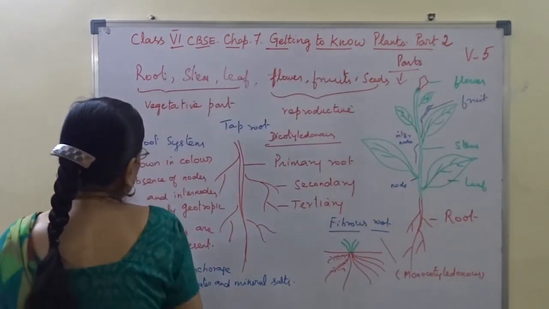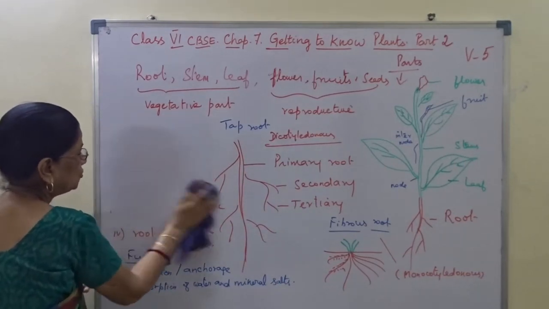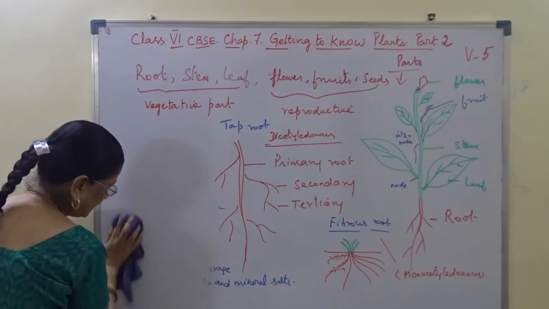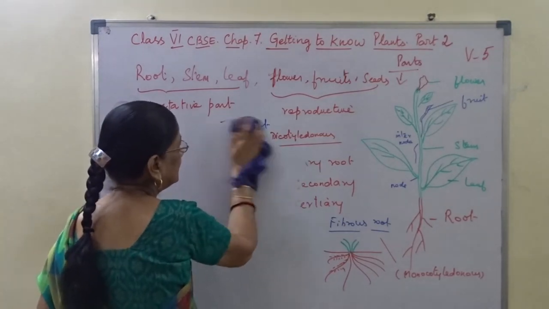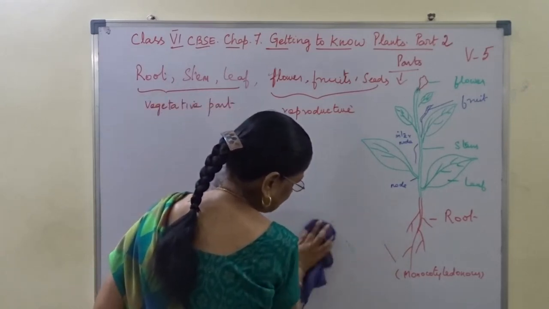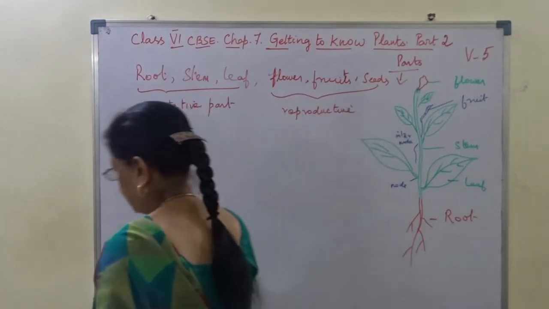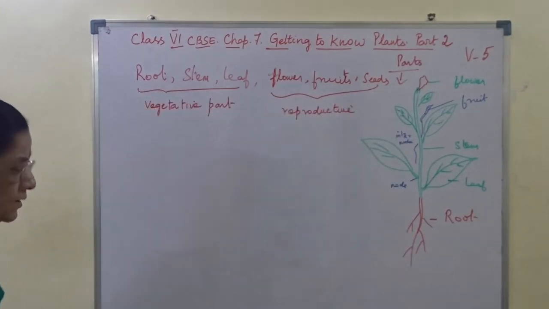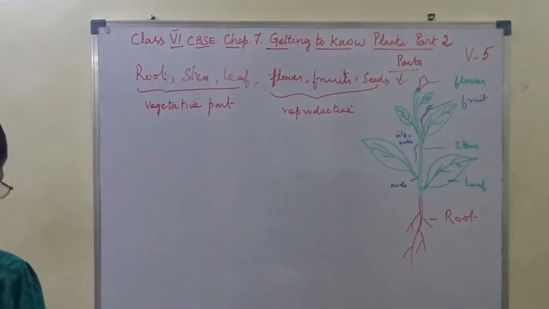So this is for the root system. Now for the shoot system. What can I say? Shoot system is green in color. What you have written for root, in the same way we can write for shoot.